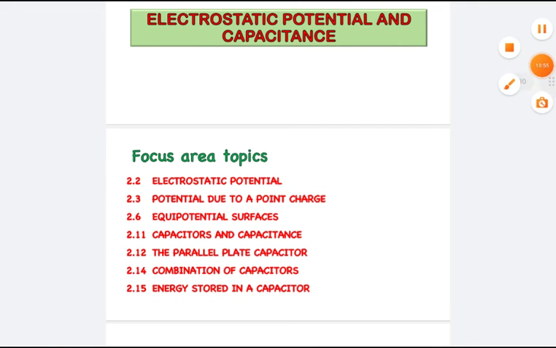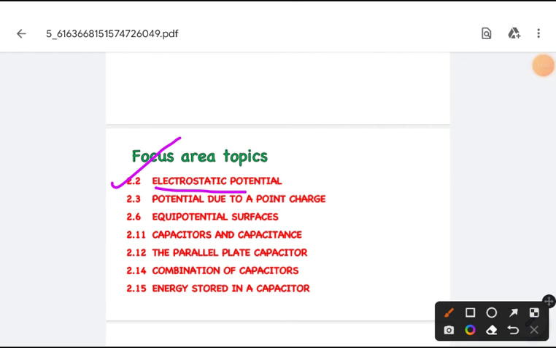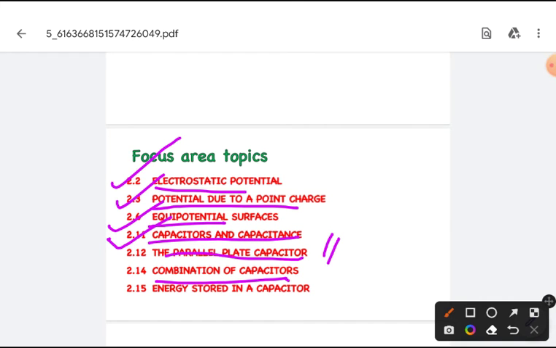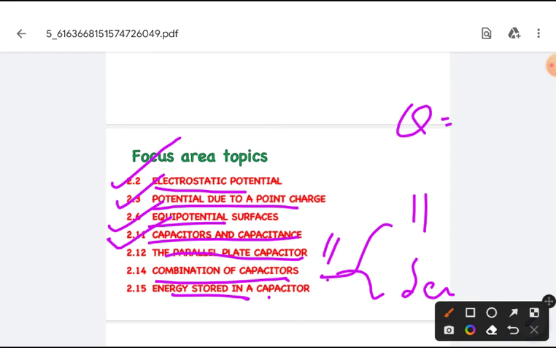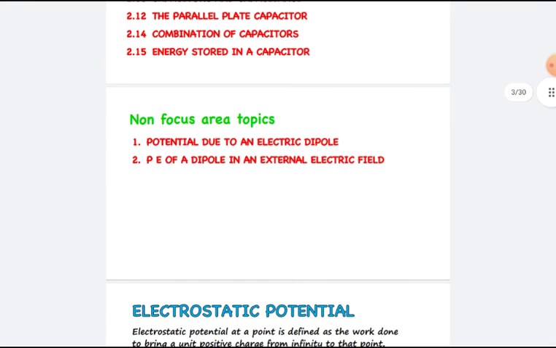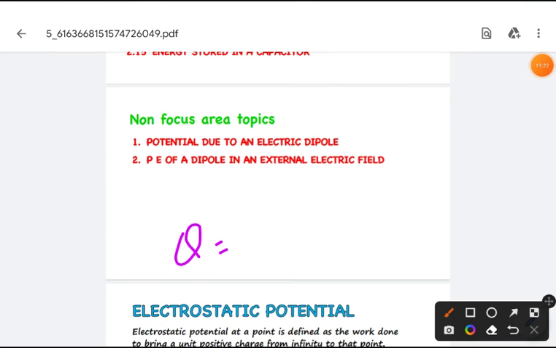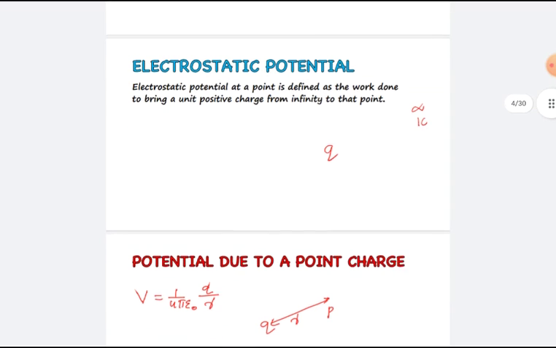The first topic was electrostatic potential, potential due to a point charge, equipotential surface, capacitance and capacitor, parallel plate capacitor, combination of capacitors in parallel and in series, the energy stored in a capacitor, then potential due to electric dipole, potential of a dipole in an external electric field. So I will just scroll through all these pages.